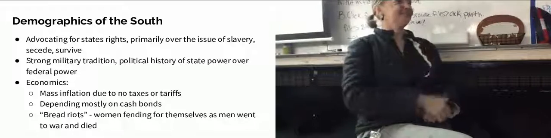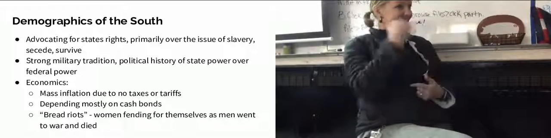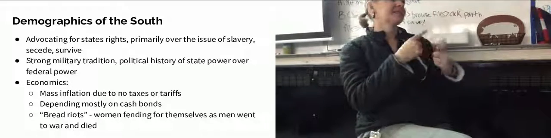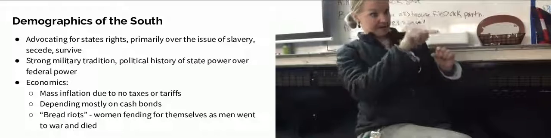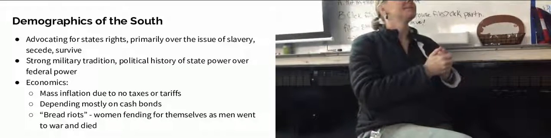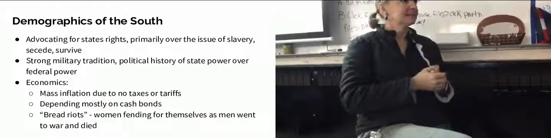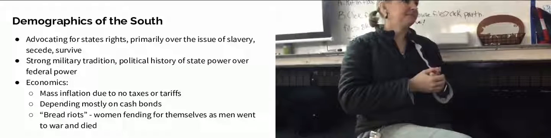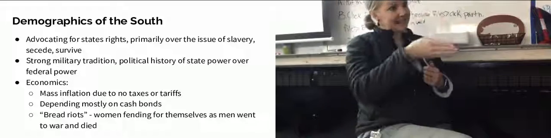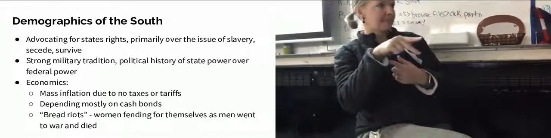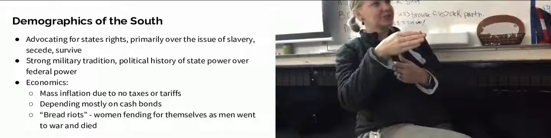Now, heading into the South, if you will highlight states' rights, and above states' rights, I want you to write this. If you will write down the Anti-Federalists, slash the Democratic Republicans, slash the Democrats.